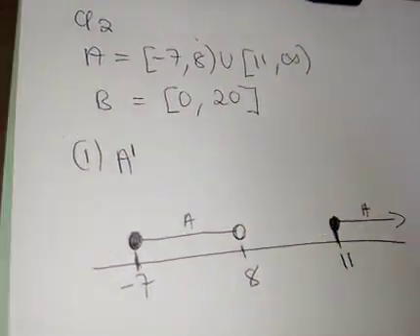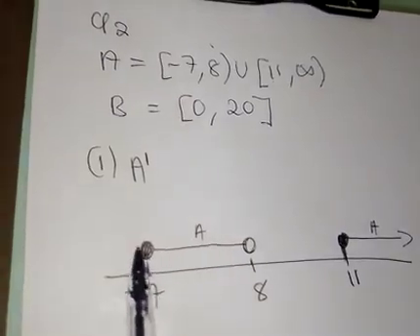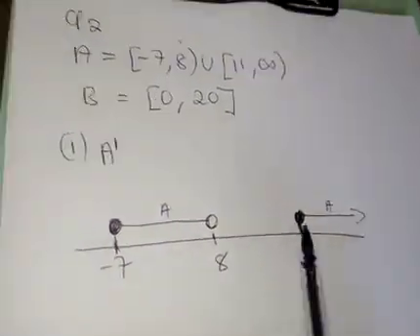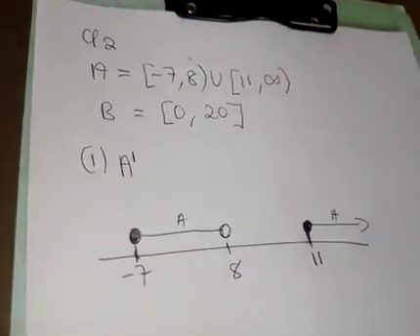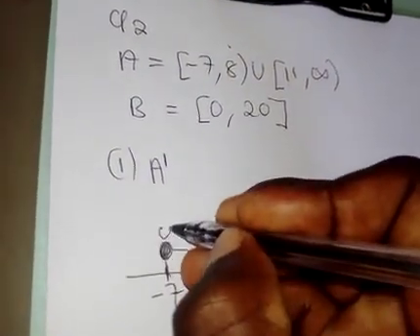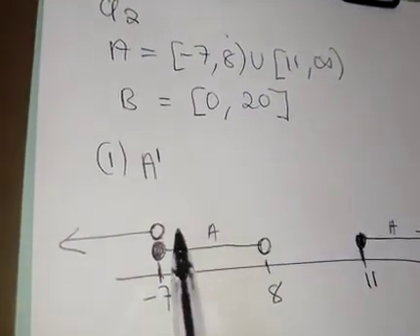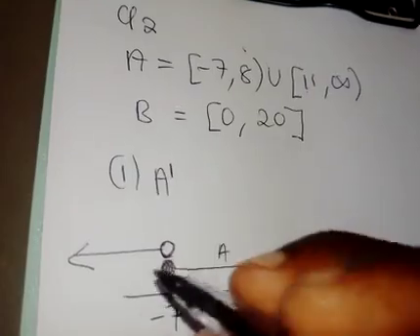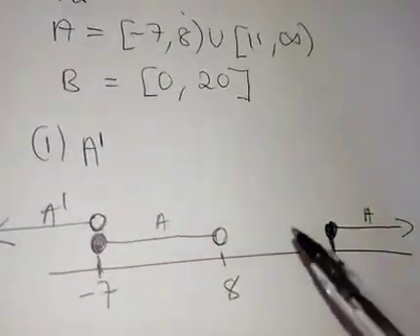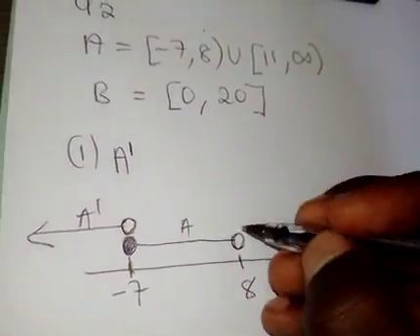So you check which regions are remaining. So only this region, that's the one remaining. Even the region this side is remaining, because the region this side is taken. So the remaining regions are the ones for A complement, meaning from -7 going this side, this is A complement. From -7 going this side, it's A complement, like that. Yes. Then even between 8 and 11 we don't have A there, meaning it's A complement.